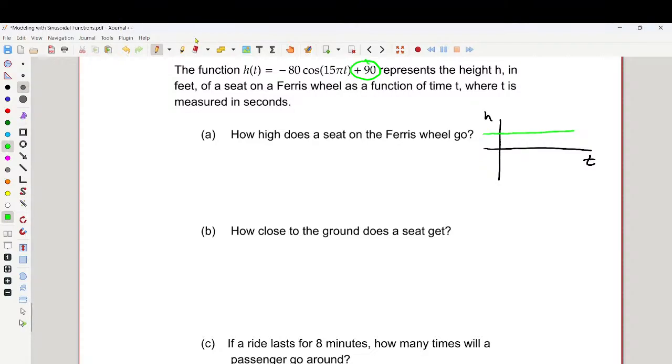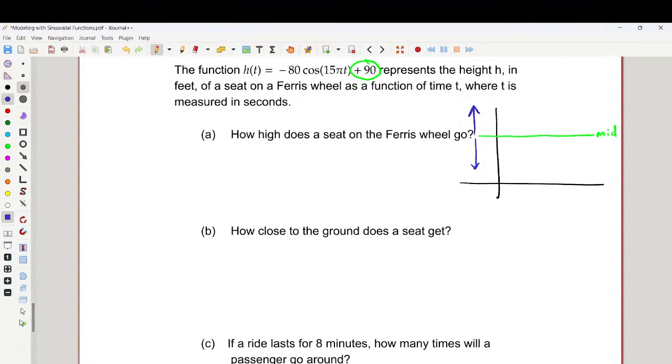So I probably should redraw this first of all. Now I'm thinking, this isn't good enough. I think I'm just going to do this. Here's my 90. I'm going to go how much up and down? 80, because the amplitude is 80.